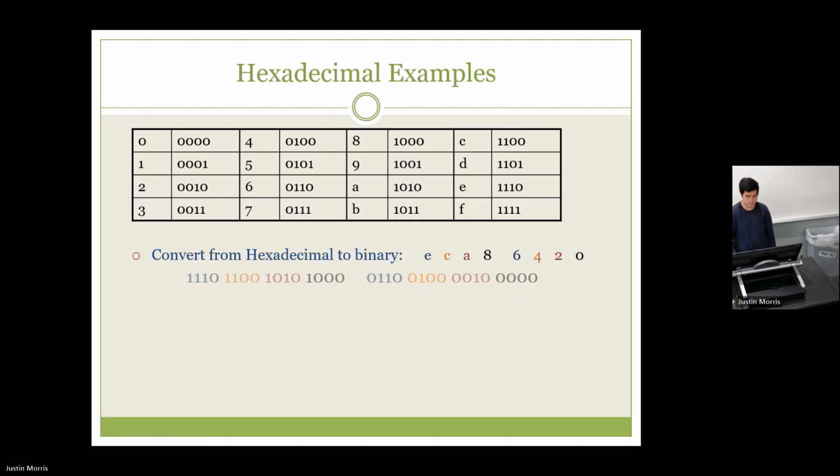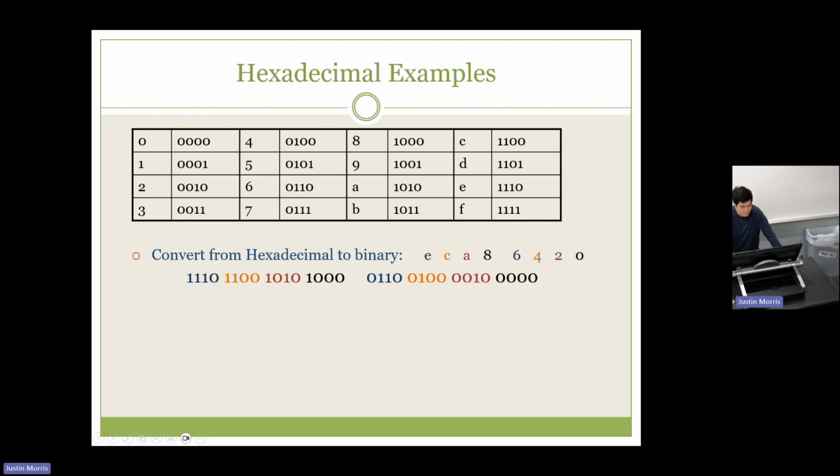And I can just convert 14 because I might not have this chart. So 14 is 8 plus 4 plus 2, right? So 12 and then 14. So I would put 1, 1, 1, 0. And then C is 12. I just did 12 because it's part of 14. So we know it's 1, 1, 0, 0.